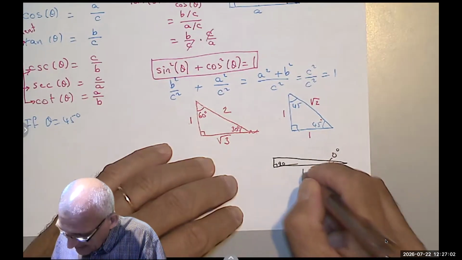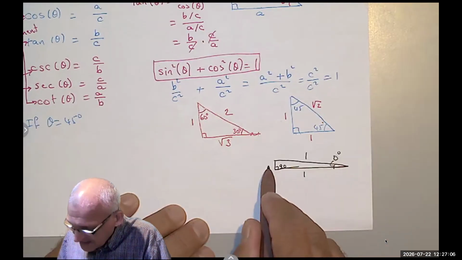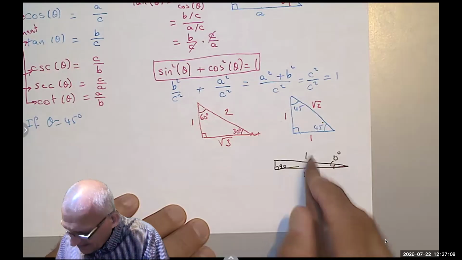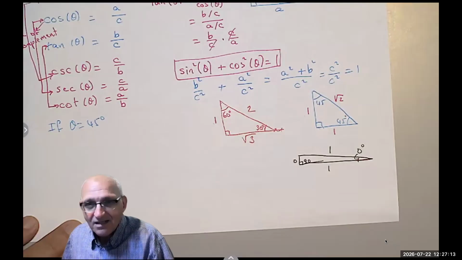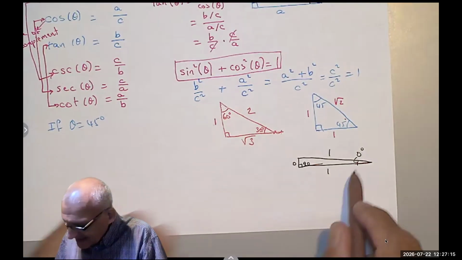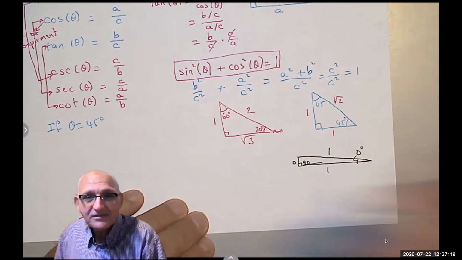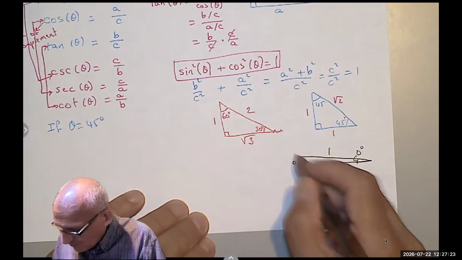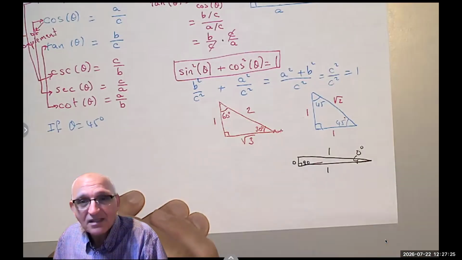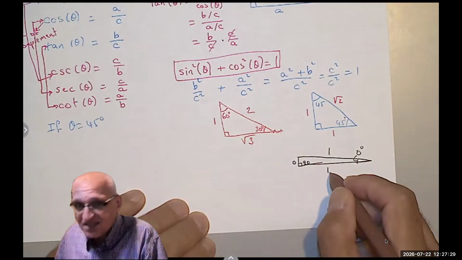So if this is 1, that would be 1. But 1 square plus something square equals 1, that thing has to be 0. So the sine of 0 is opposite over hypotenuse, it's 0. The cosine of 0 is adjacent over hypotenuse, which is 1. And the tangent of 0 is opposite over adjacent is 0.